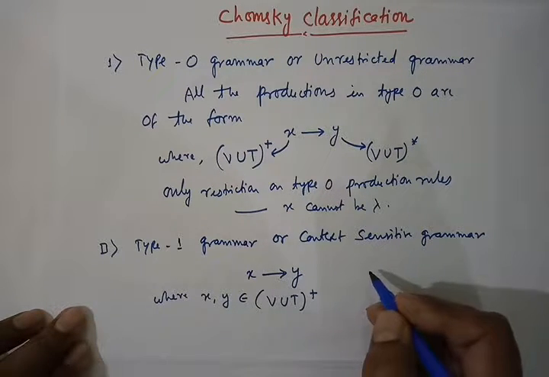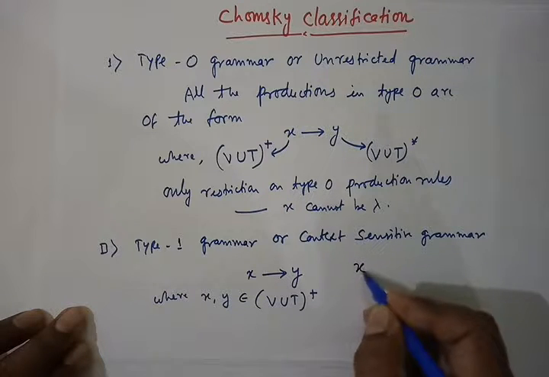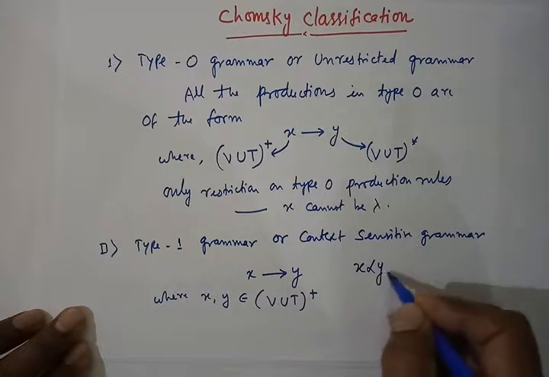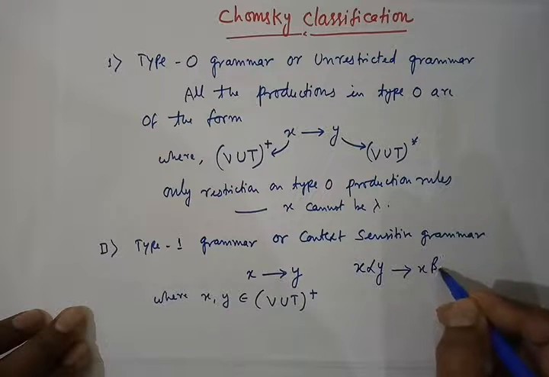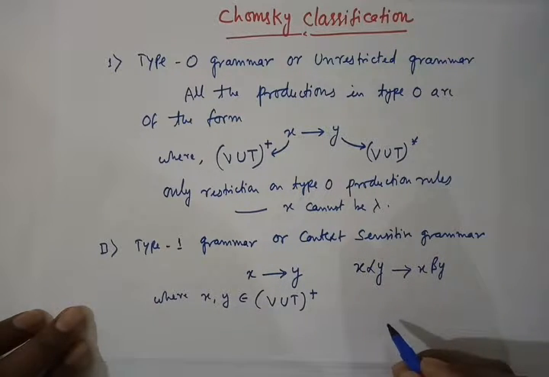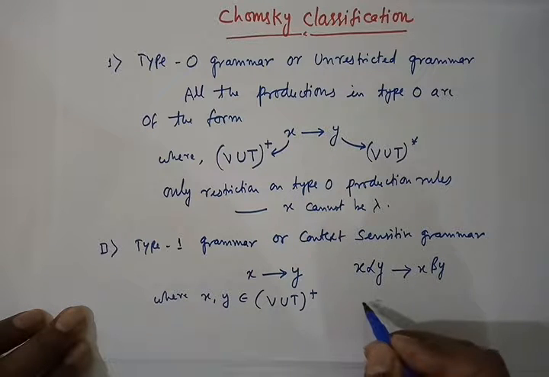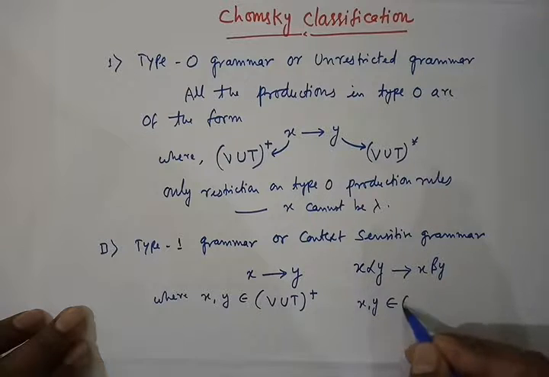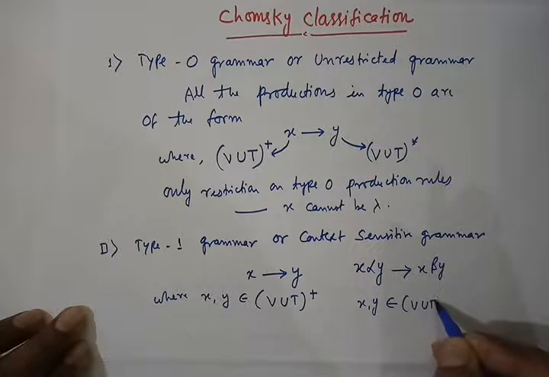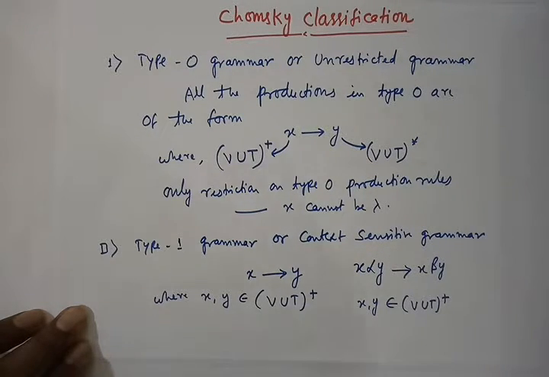All the production rules can be written as, suppose, x alpha y derives x beta y, where x and y are either variable or terminal symbol plus.